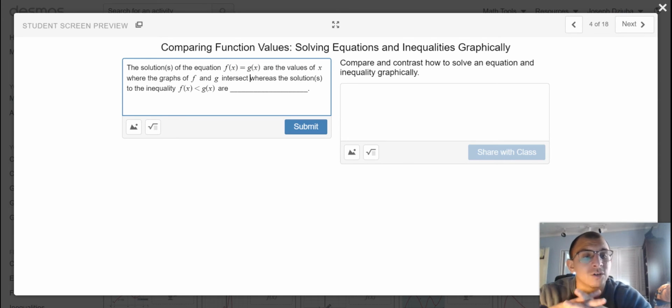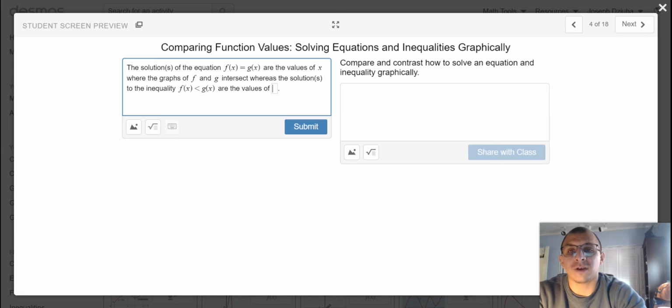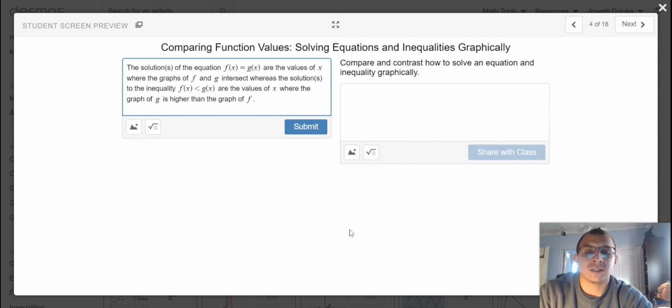So intersection graphically means algebraic equality, for lack of a better, for poor mechanics. Whereas the solutions to the inequality f of x is less than g of x are the values of x where the graph of g is higher than the graph of f.